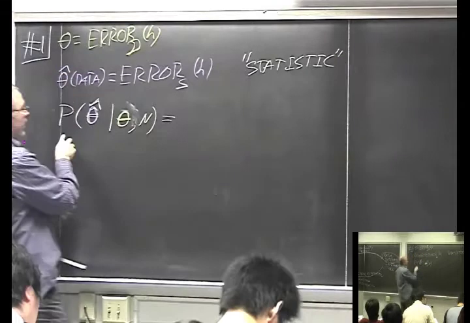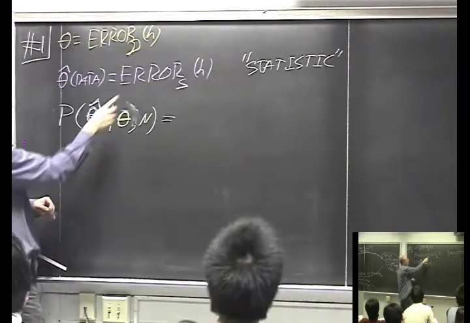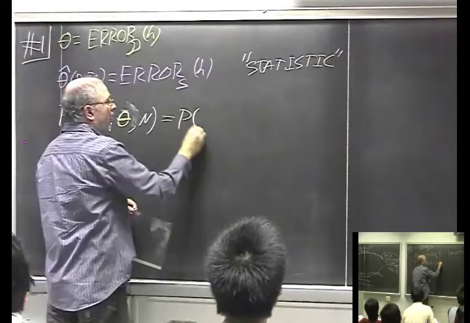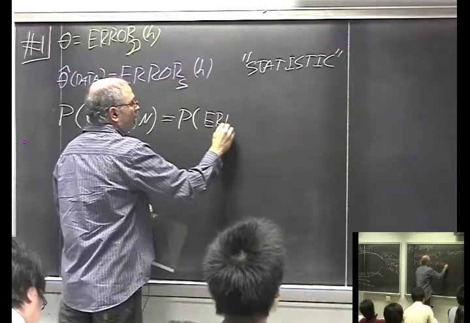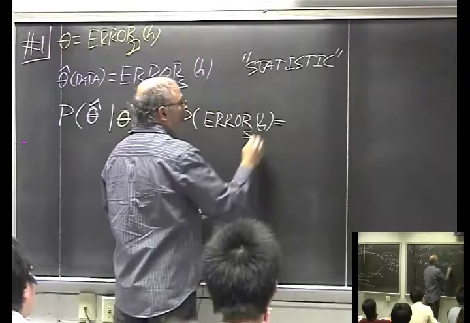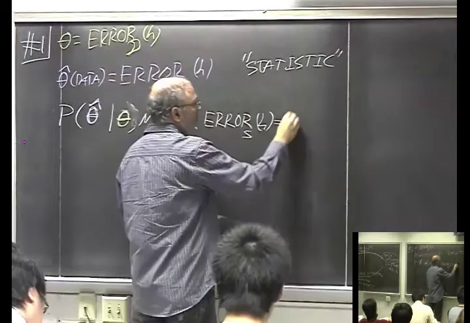This is the binomial. This is the probability that the number of errors, so this would be the number of errors, probability of error sub s of h, if you define it as k out of n.